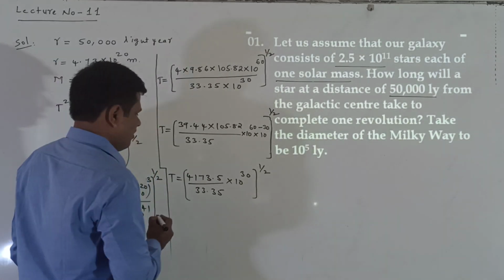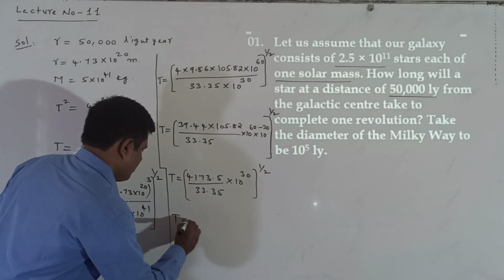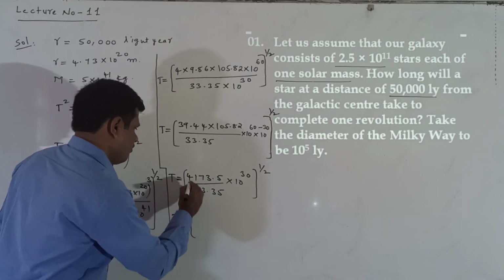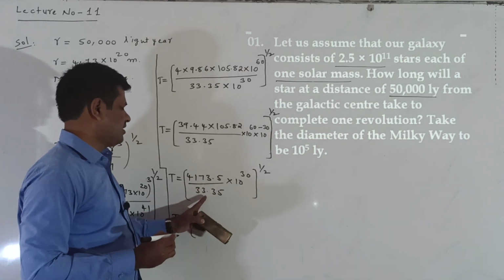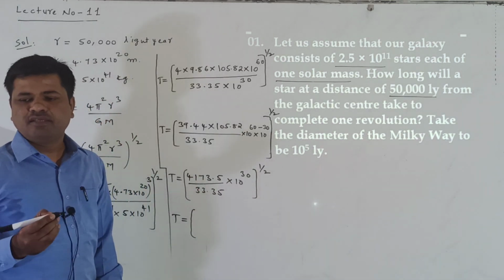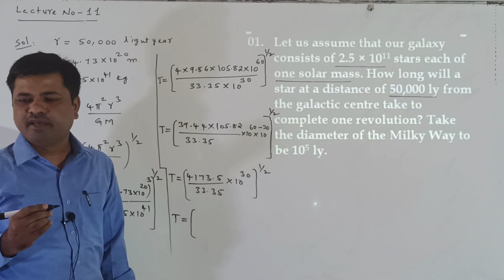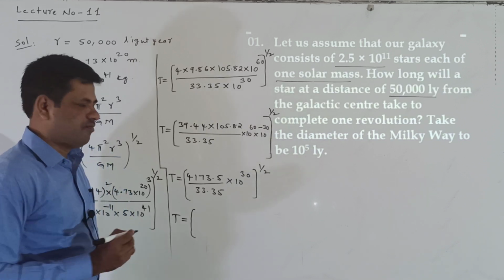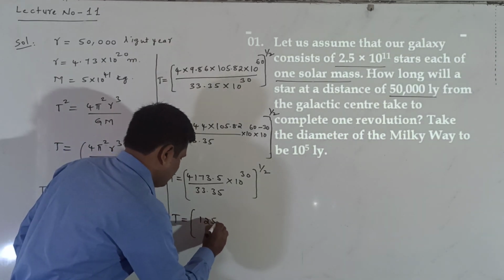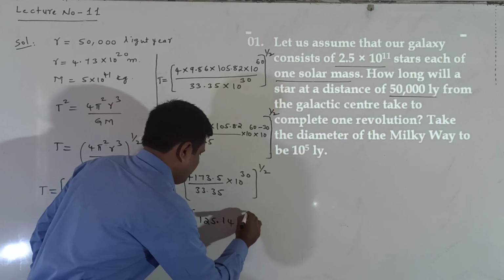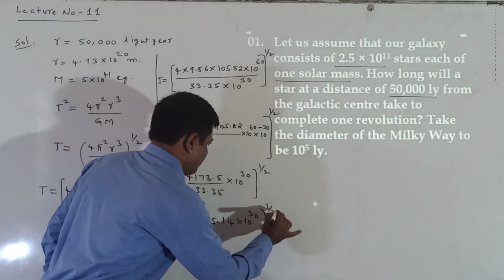Now separate the square root. First calculate this value: 4173.5 by 33.35, we are getting near about 125.14 into 10 power of 30, whole power of 1 by 2.